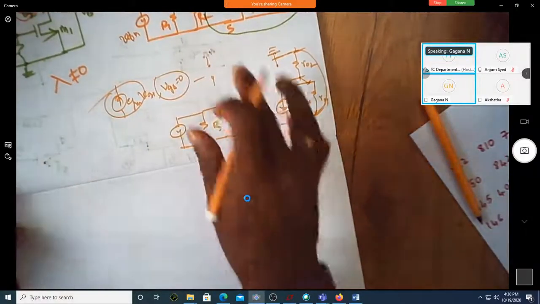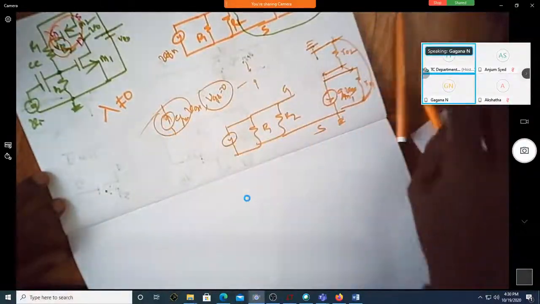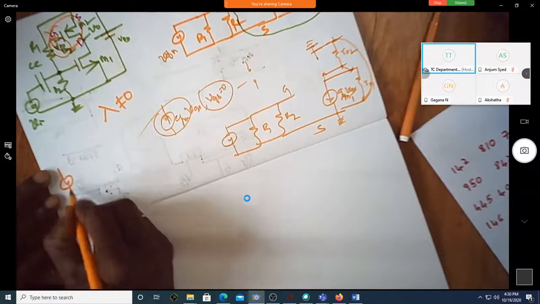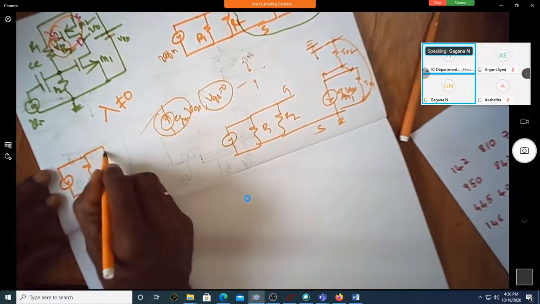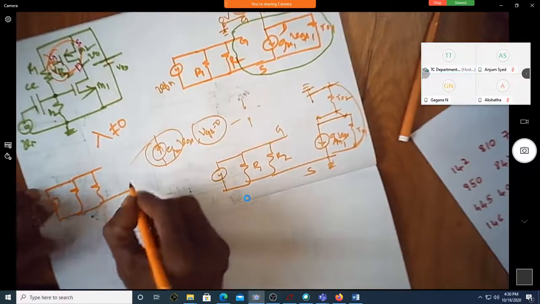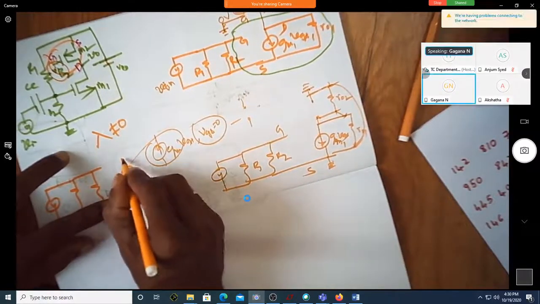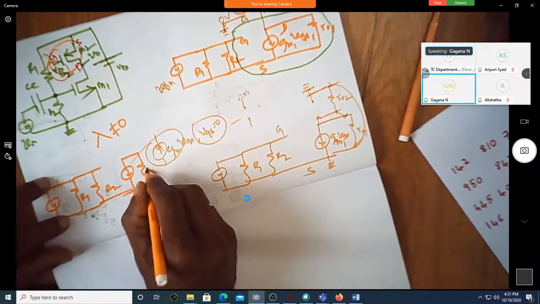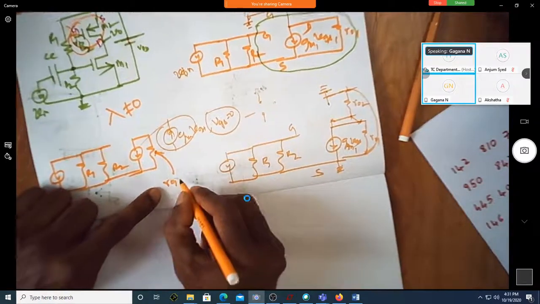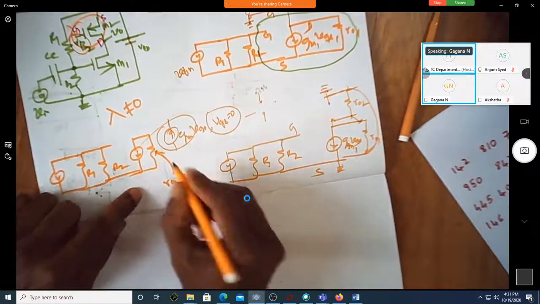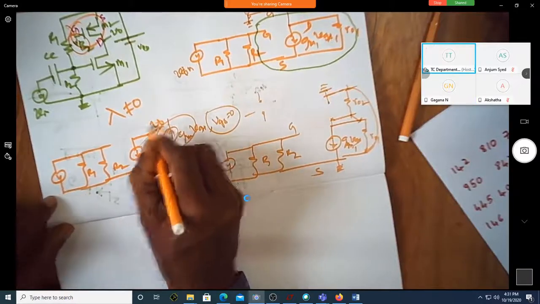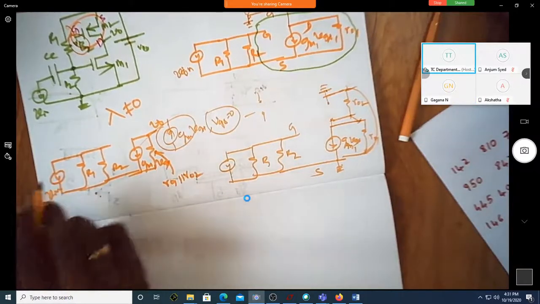So now, can I rewrite the equivalent circuit for this particular transistor with active load as this is R1, R2, R01. Let me just rewrite it, and then GM1 into VGS, V0, Vin.